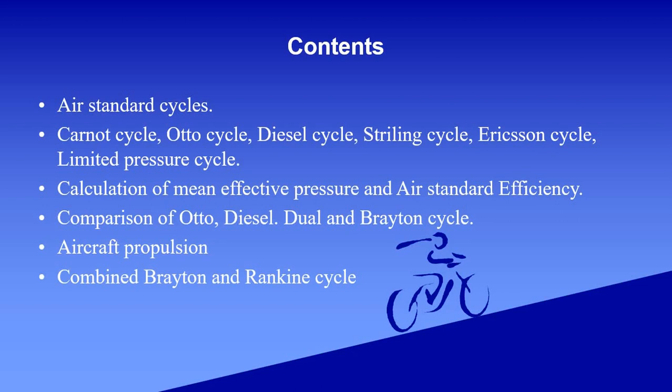How to find the mean effective pressure for the Otto, diesel and dual combustion cycles, and the comparison of the Otto, diesel, dual and Brayton cycles. Apart from this, we will also study aircraft propulsion and the combined Brayton and Rankine cycle. We will study all those.